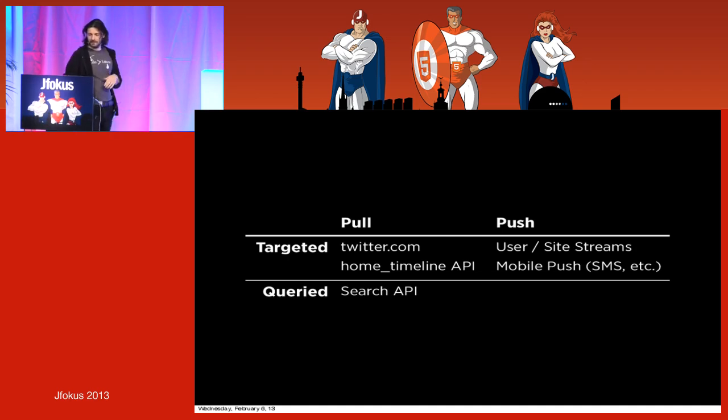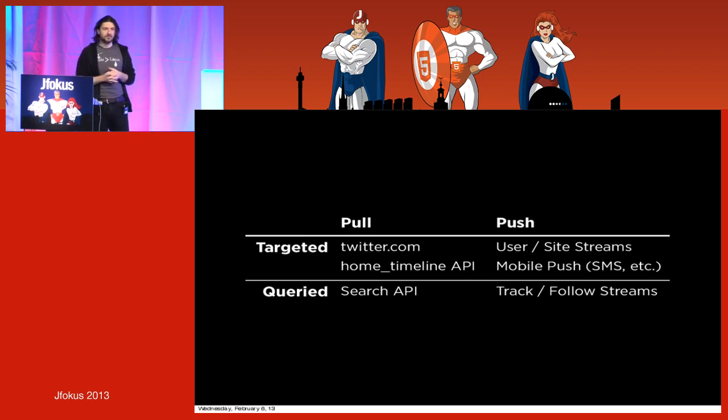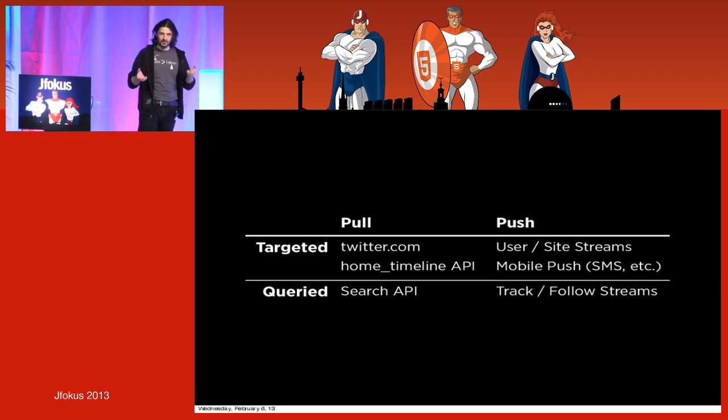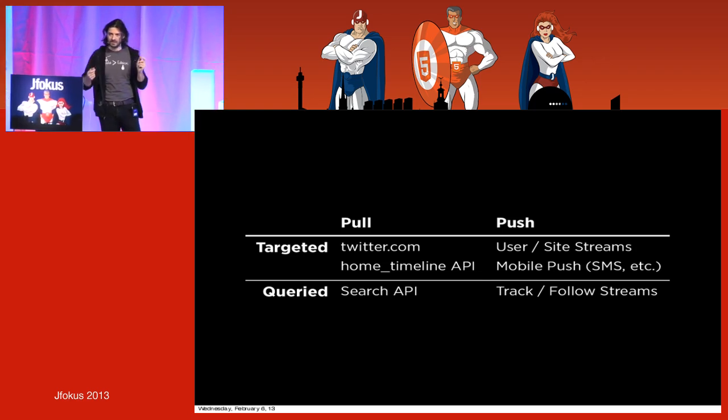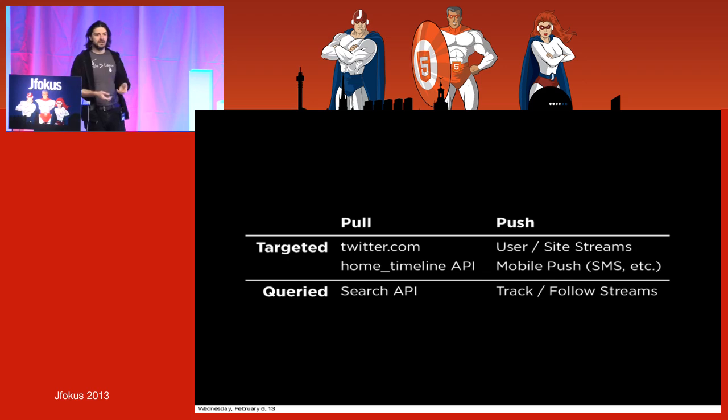The other kind is the so-called track follow, which is sort of like a standing search query. You open a connection to this API, you specify a certain set of users or tokens that you're interested in, and those tweets that come in real time and match the criteria that you set get pushed to your device.